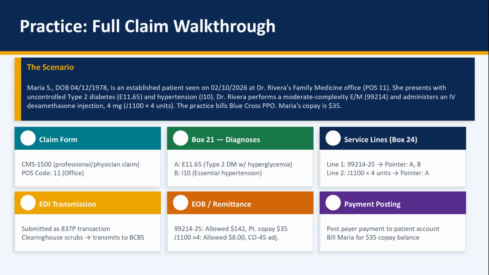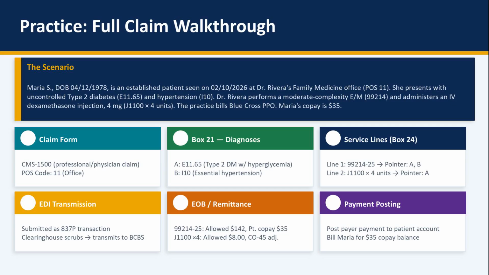Step 4. EDI transmission. The claim is generated as an 837P file, sent to the clearinghouse, scrubbed for errors, and transmitted to Blue Cross. Step 5. EOB remittance. Blue Cross allows $140 for the 99214 and applies a $35 copay. The payer pays $105.